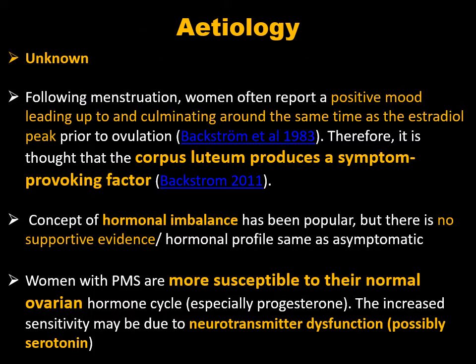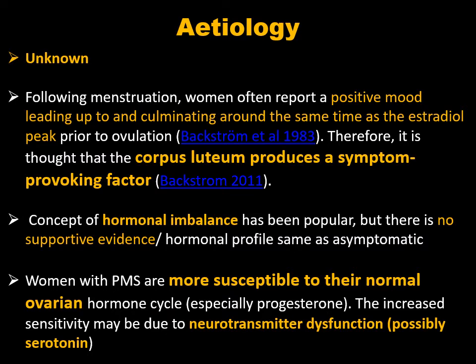The exact etiology is unknown, but women often report a positive mood after menstruation, which probably is related to estrogen. And it is thought that the corpus luteum produces a symptom-provoking factor, which is progesterone.